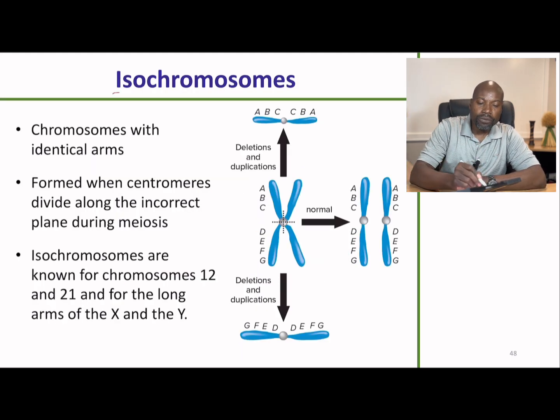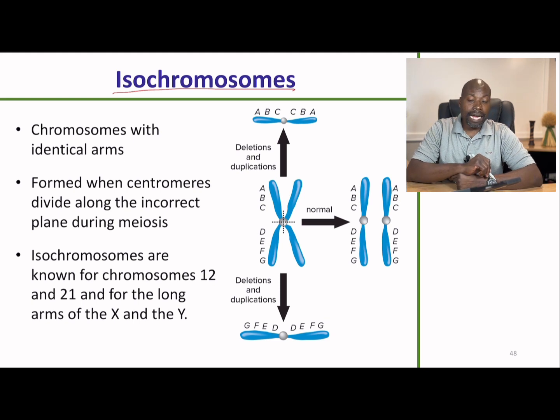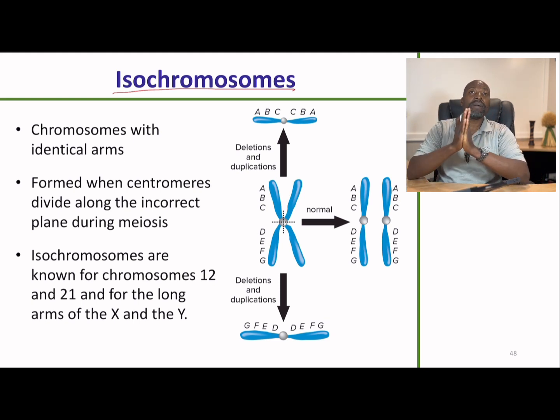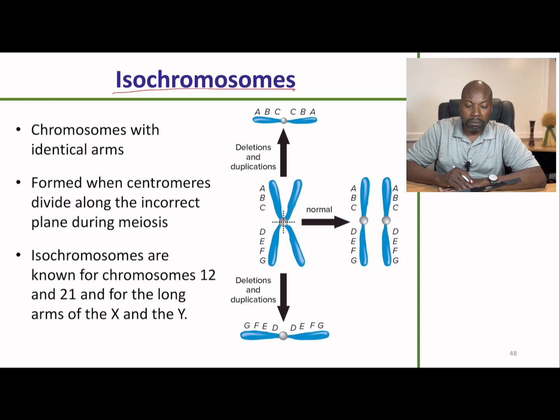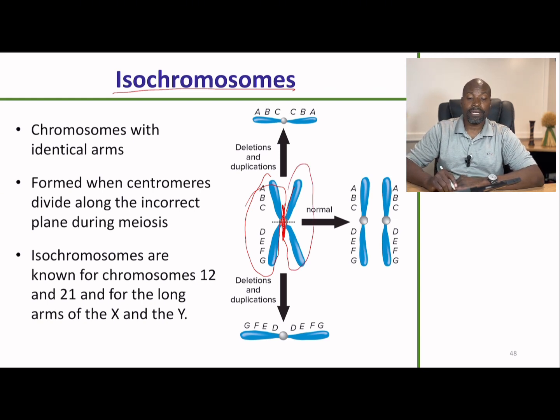The isochromosomes, it's basically that, well, you have the two sister chromatids, but how the two sister chromatids are going to split during cell division is going to give you some interesting outcomes, right? Technically, you should have a split right here so that you have one sister chromatid and two sister chromatid, but guess what? It doesn't always happen that way, okay?